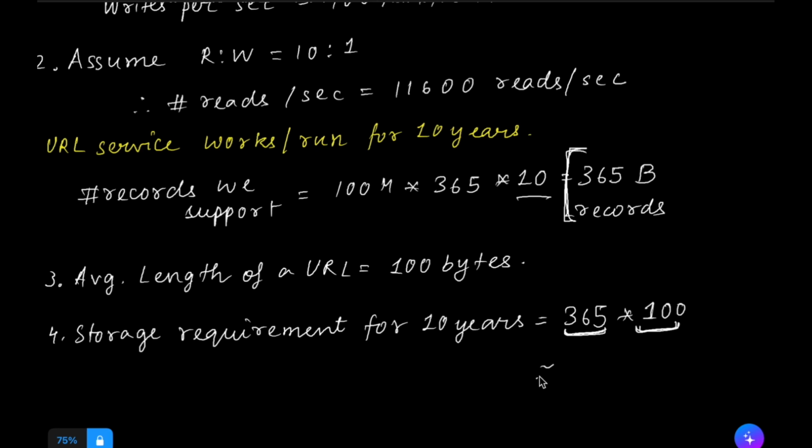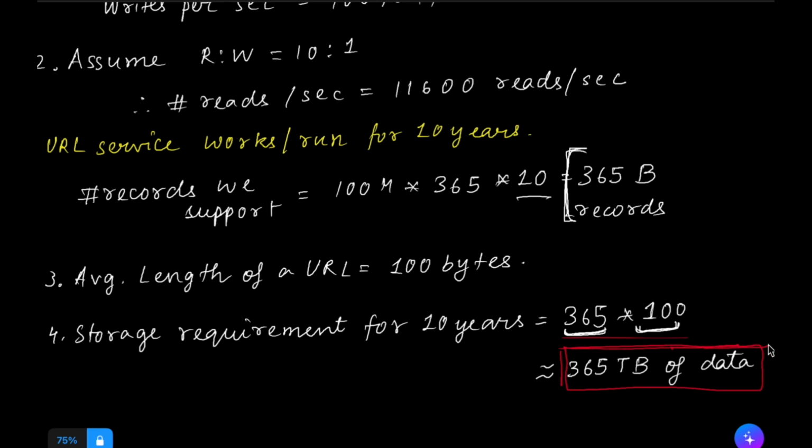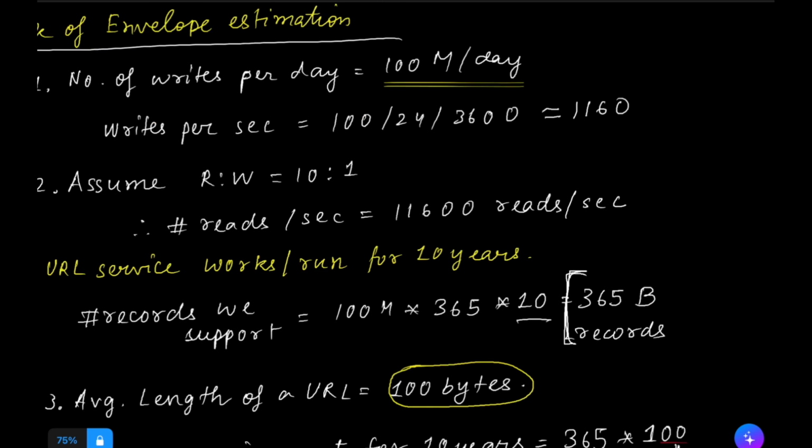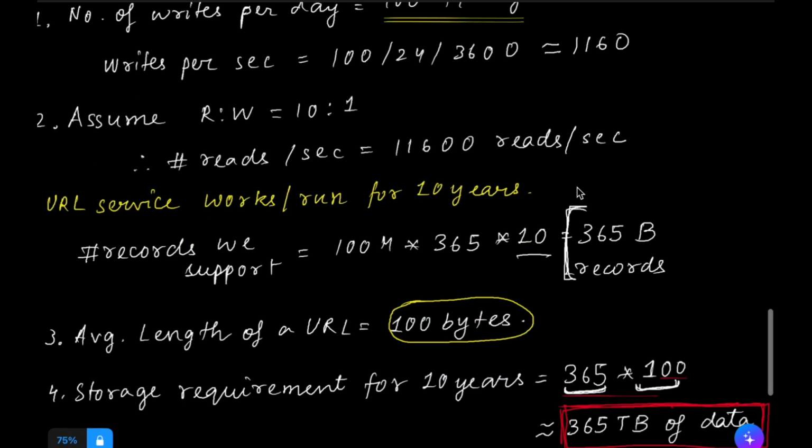This we can approximate to, let's say, 365 terabytes of data. So this is the roughly approximate amount of storage which we need if our URL shortening service runs for 10 years, considering the average size of each URL is 100 bytes. So this is the back of the envelope calculation which we have.